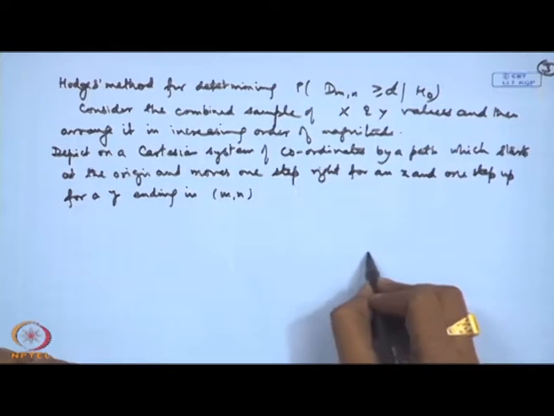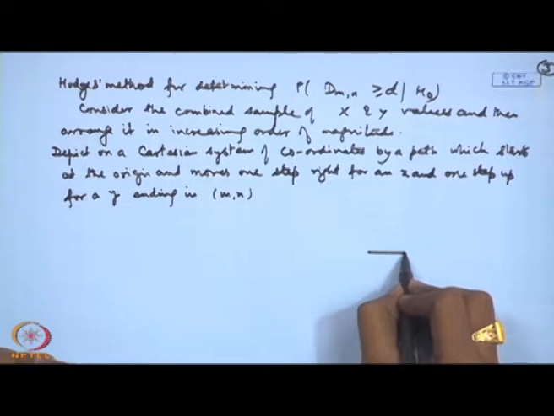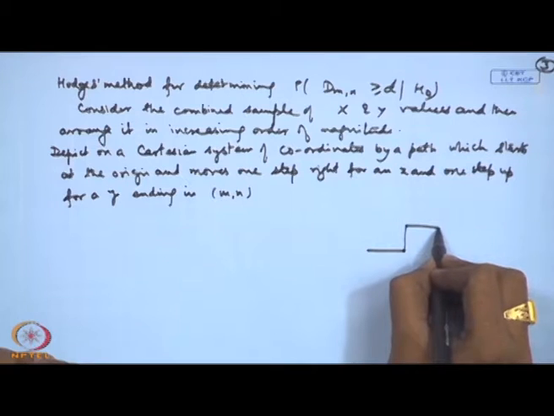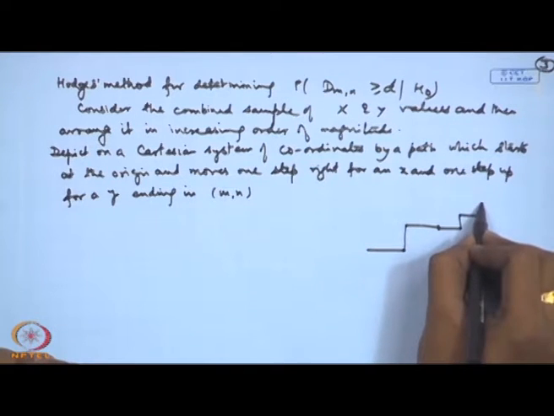So it is like this. If x is next, then we come like this, otherwise we go like this. So it could be like this and so on.